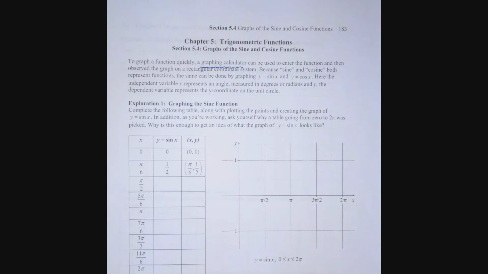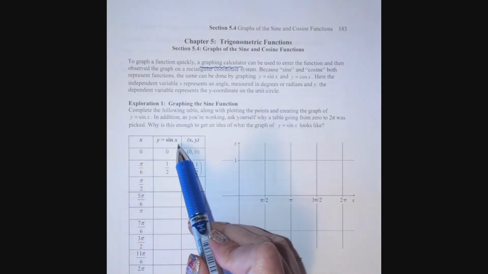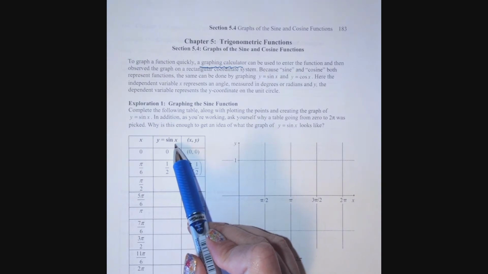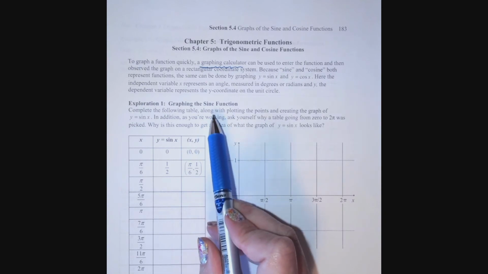Sine and cosine are almost identical. One is a phase shift, pi half from the other. The independent variable x represents the angle. It's using x for your angle instead of theta or t or something else. Y is the dependent variable, and that is going to be the y coordinate on the unit circle.